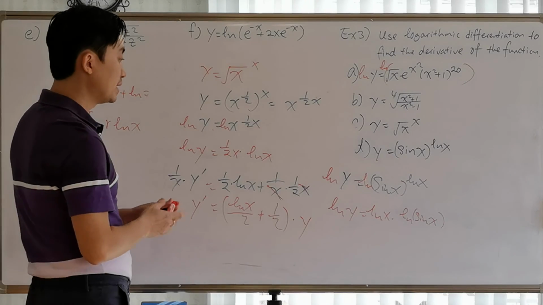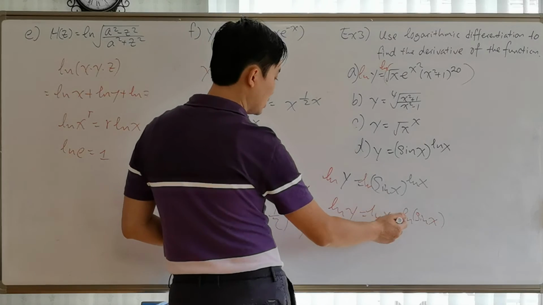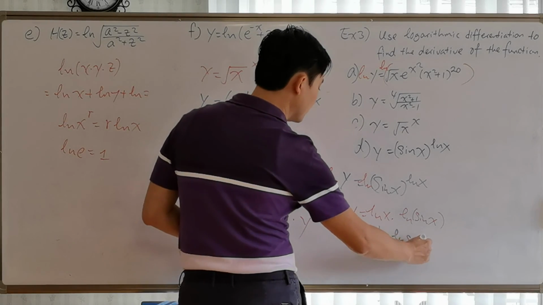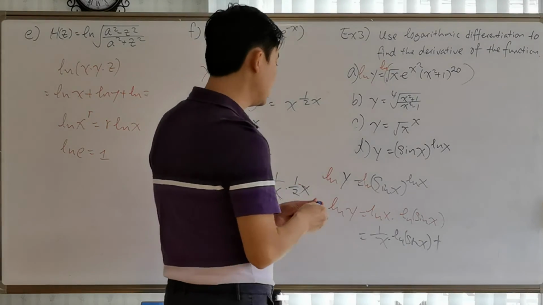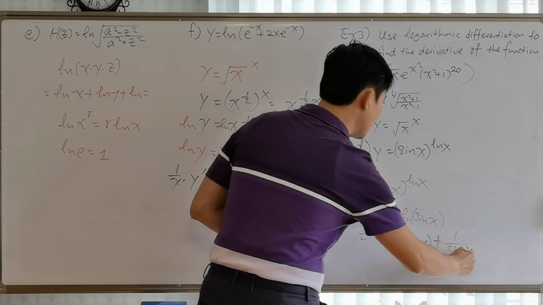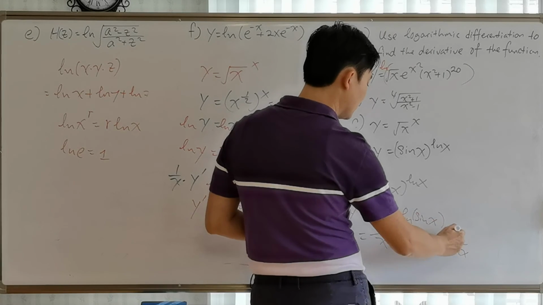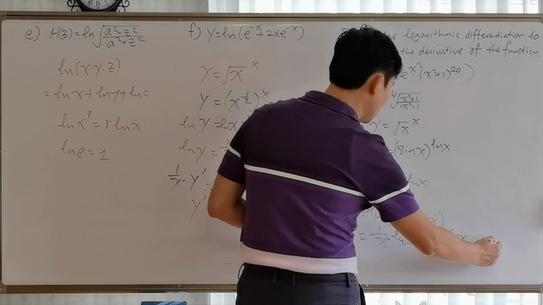Again, product rule on the right hand side: the derivative of natural log of x, 1 over x, times natural log of sine of x. And then don't forget about the natural log of sine of x, its derivative is 1 over sine of x times the derivative of sine of x, which is cosine of x. And then times the first function, because that's the product rule.